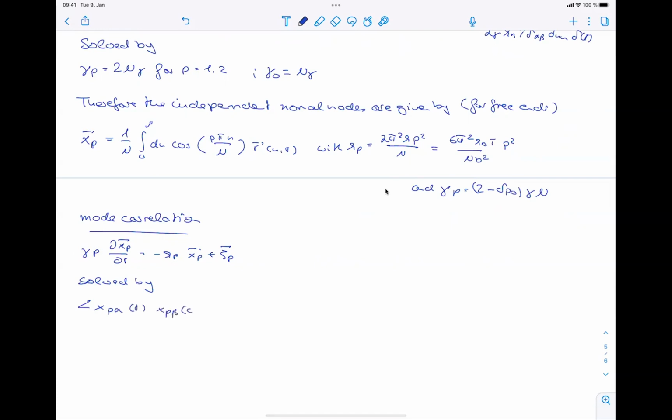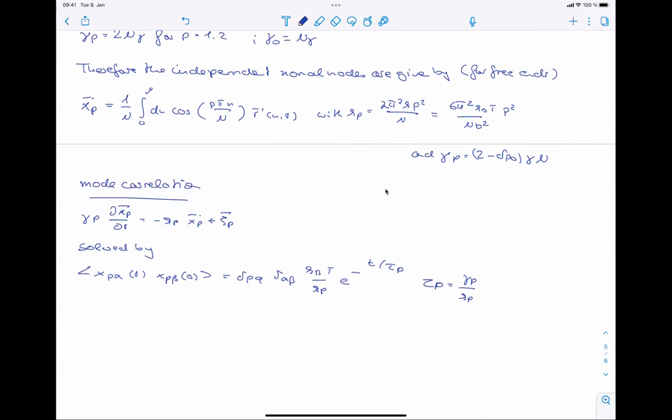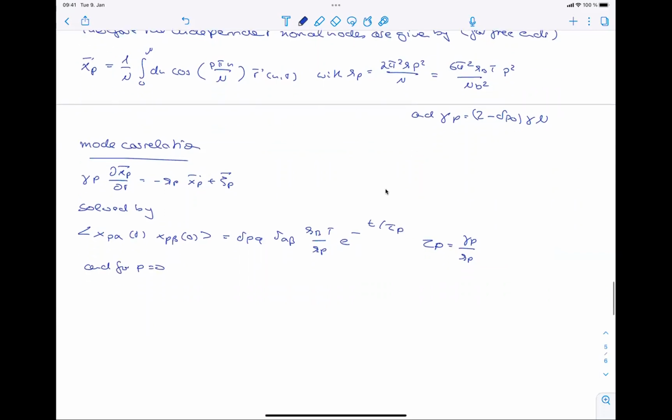That's the advantage of now being in this normal mode picture, where we know that modes are orthogonal to each other and decay with a time scale that's given by gamma p over kp. And we need to state the extra case p equals 0, where things are a tad different.